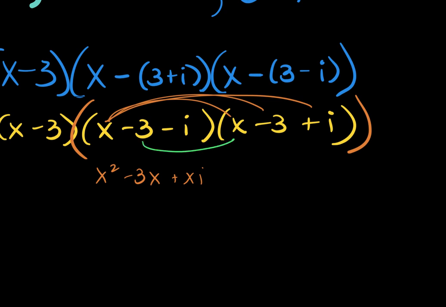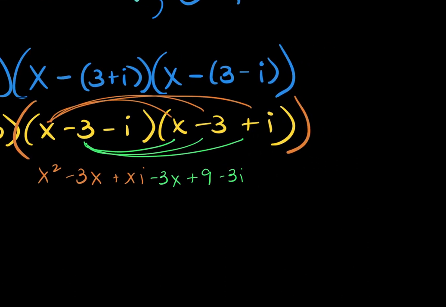Then I'd get negative 3 times x, negative 3 times negative 3, negative 3 times i. Then I get negative i times x, negative i times negative 3, and negative i times positive i. And again, if you did it right, the i term should cancel out. Positive ix and negative ix cancel out. Negative 3i, positive 3i cancel out.